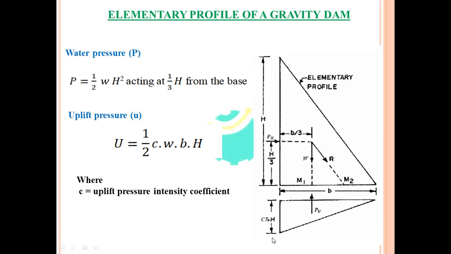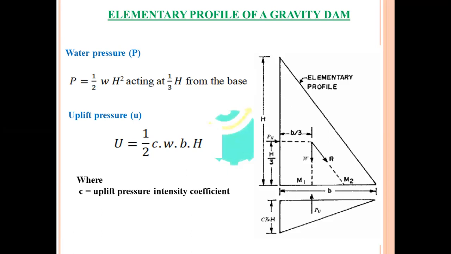B is the base width, because the uplift pressure acts over the same length as the base. Over how much length will uplift pressure act? The same as the base width of the dam. W is the unit weight of water and C is the uplift pressure intensity coefficient.